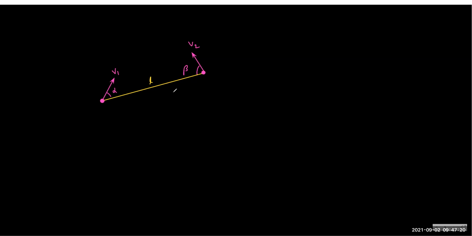Okay. Now we can resolve these velocities along the line joining them. If I try to resolve velocity, so what we can write here now?